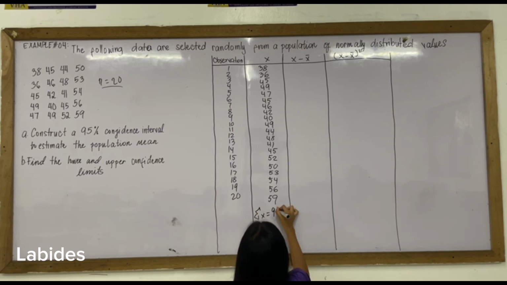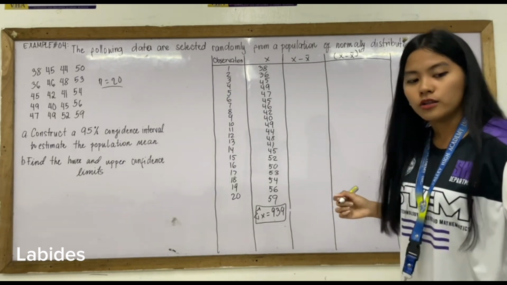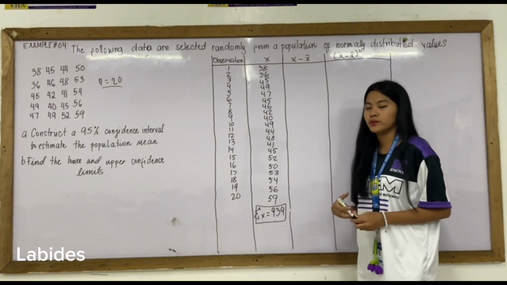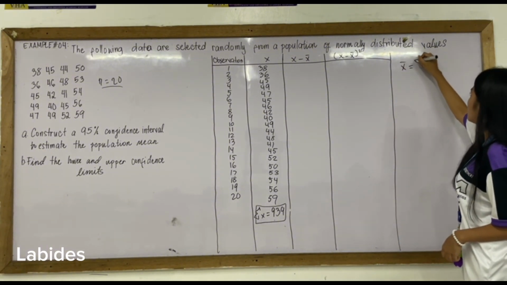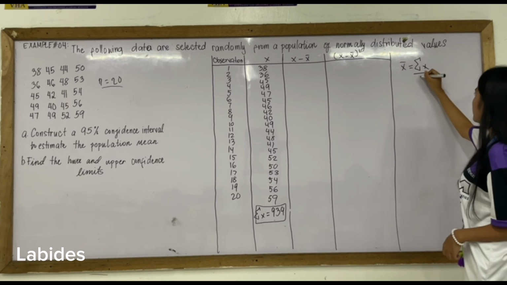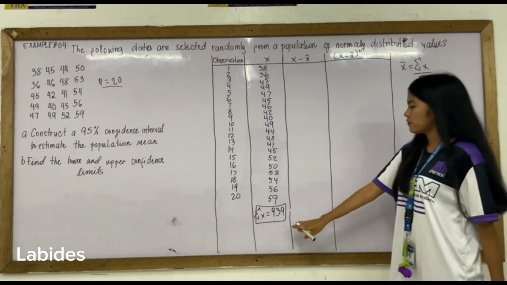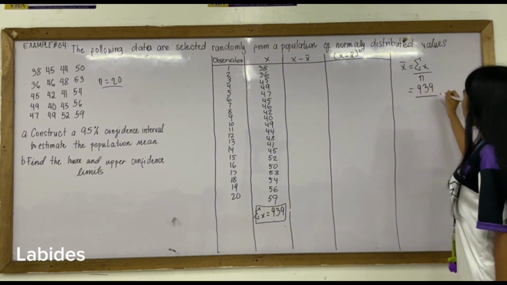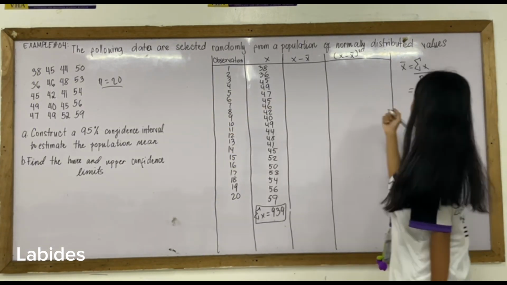is 939. Before we proceed to the third column, our sample size is 20.